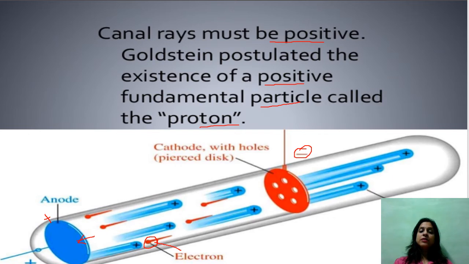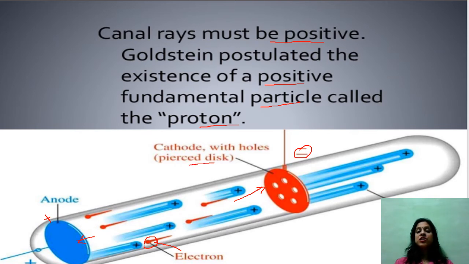And whereas you can see that in another direction, the other particles are also moving from anode to cathode. और जो particles anode से cathode की तरफ जा रहे थे, और आप देखो बेटा इस cathode पे ये pierced disc है.